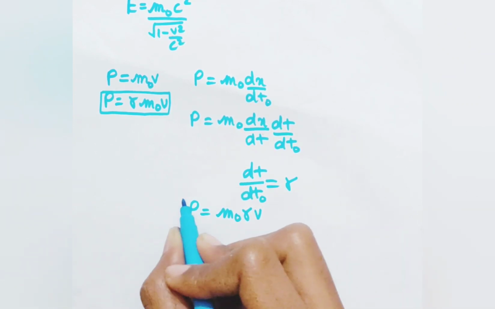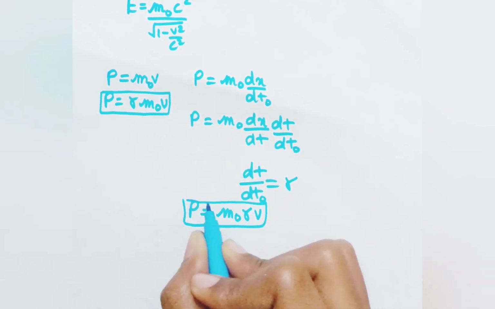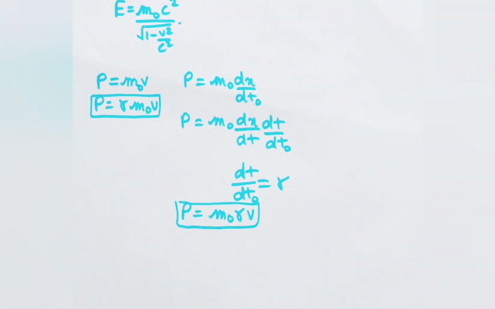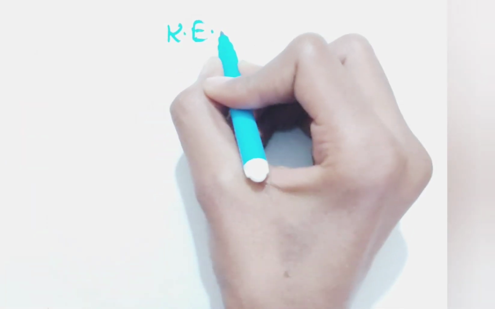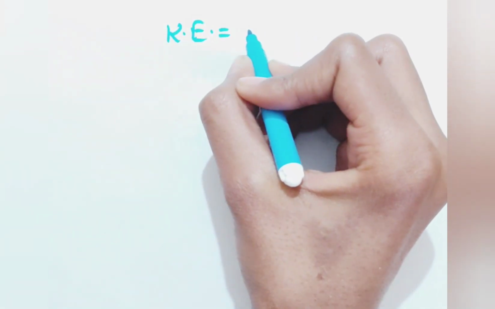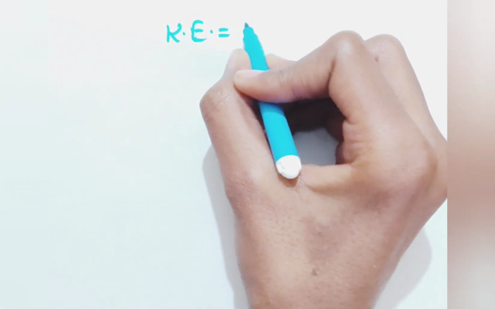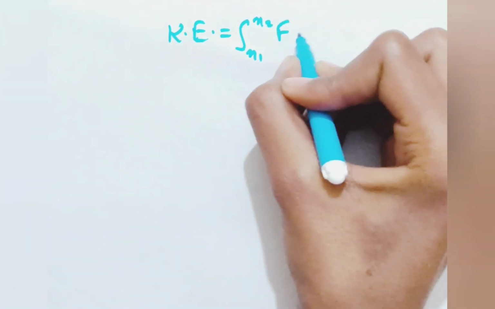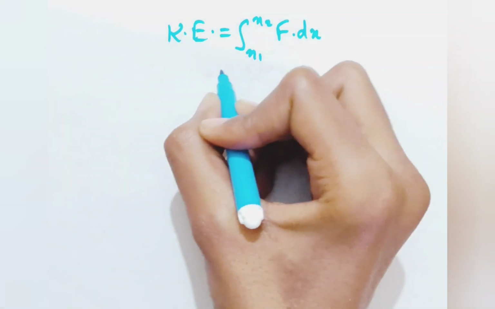So keeping that in mind, we will be deriving the relativistic energy equation. We know that kinetic energy is equal to the integral from x1 to x2 of F times dx.